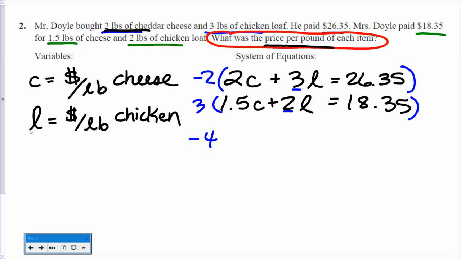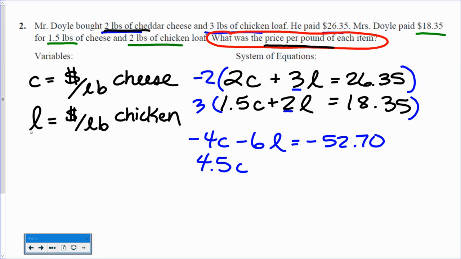So I'll have negative 4c minus 6l would equal negative 52.70. My second equation, multiplying that by 3, gives me 4.5c plus 6l equals 55.05.